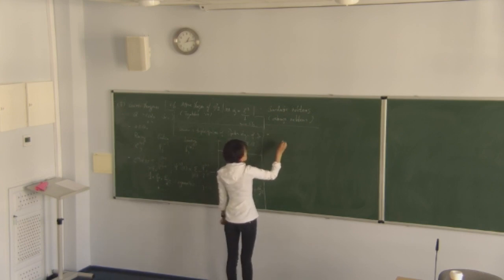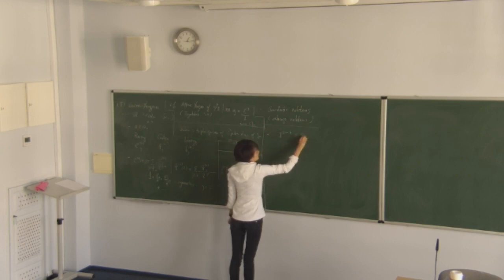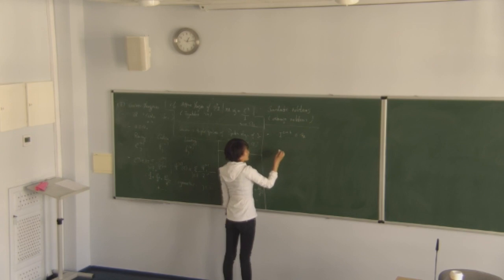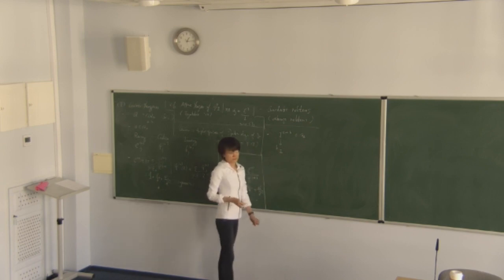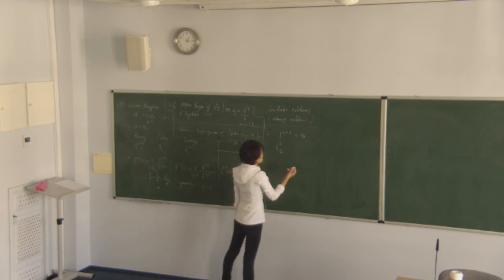So first, remember we have all these arrows. For each arrow, I want to assign a weight. Right now you can just think of them as some formal parameter.